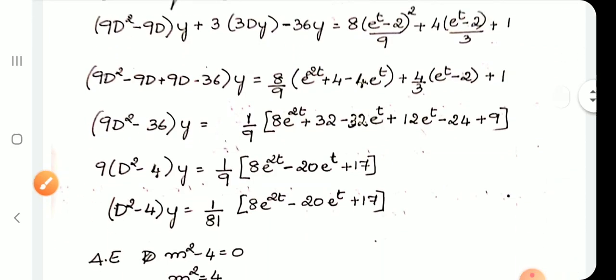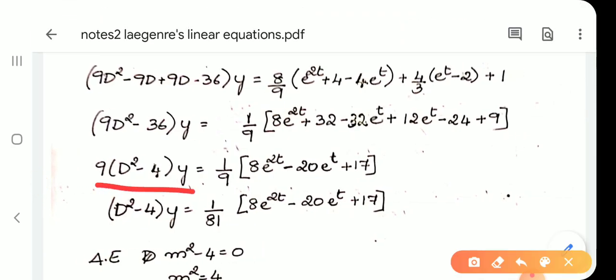On the left hand side, taking 9 common outside, it becomes 9(D² − 4)y. Simplify the terms on the right hand side.